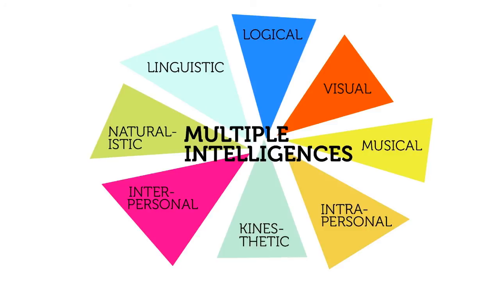It's really important to teach to all of these multiple intelligences and not to stick to the one that mainly pertains to us or just to those logical and visual learners. We need to make sure that the naturalistic intelligence is covered, as well as the kinesthetic and the musical intelligences.